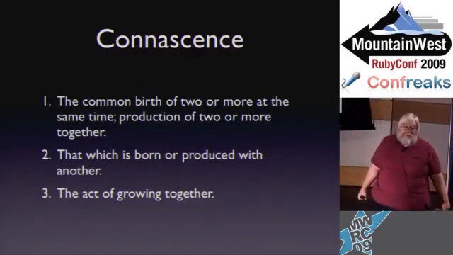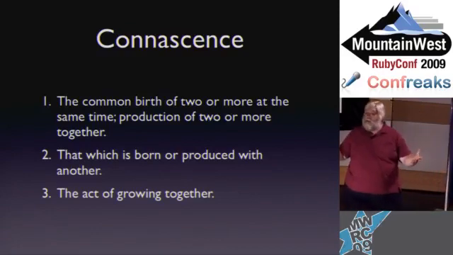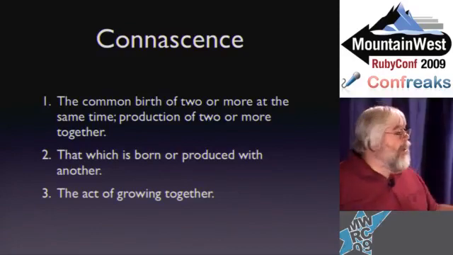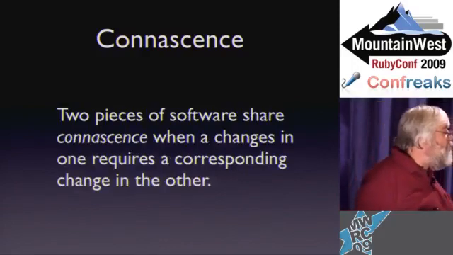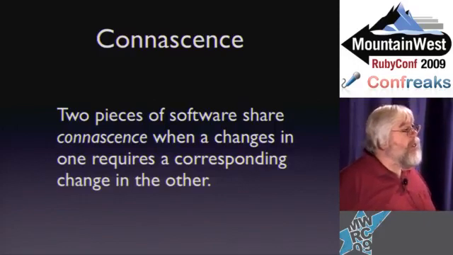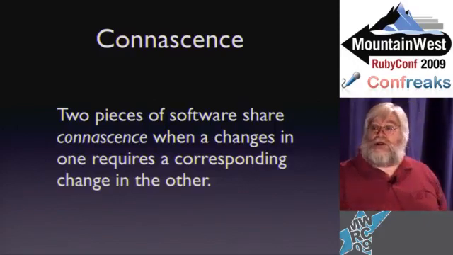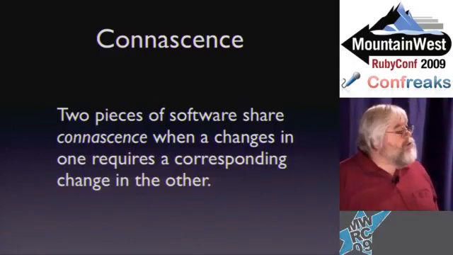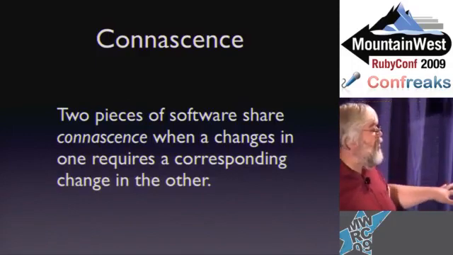And in that third part, he defines a term called connascence. Connascence is defined to mean things that are born together and change together. In particular, for software, two pieces of software have a connascence relationship if changing one makes you change the other.